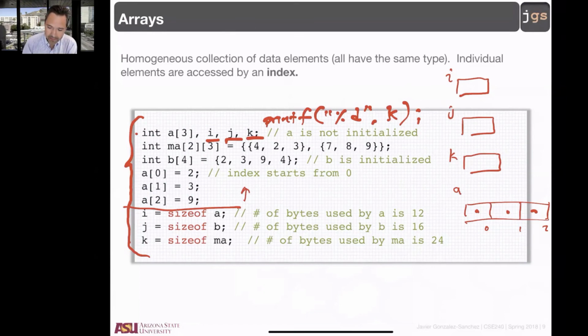Next line. What is this? MA is an array, right? A 2D array. So help me, 2 and 3. How many columns and how many rows? 3 rows or 3 columns? 2 rows or 2 columns? Very important, guys.